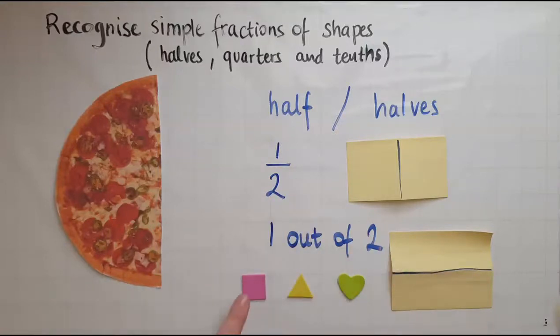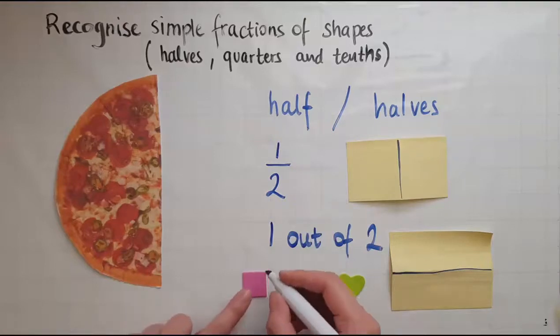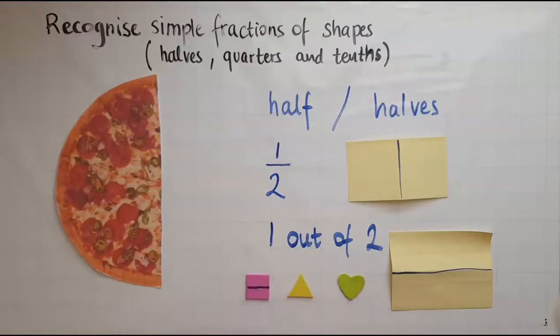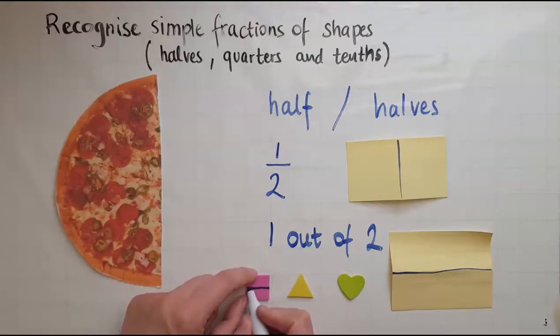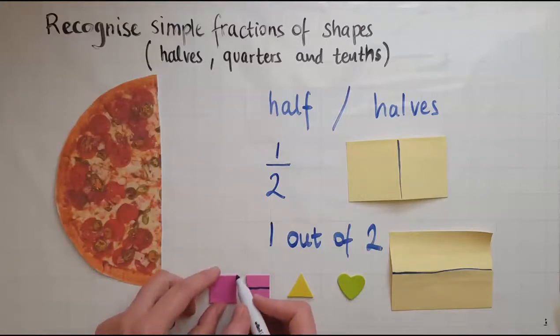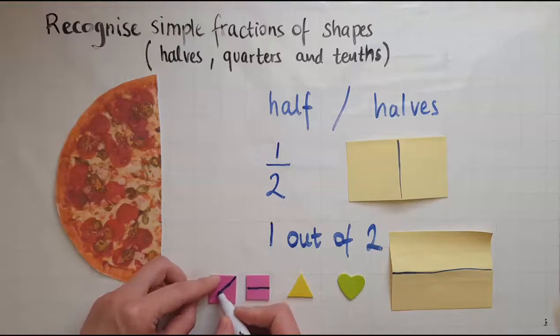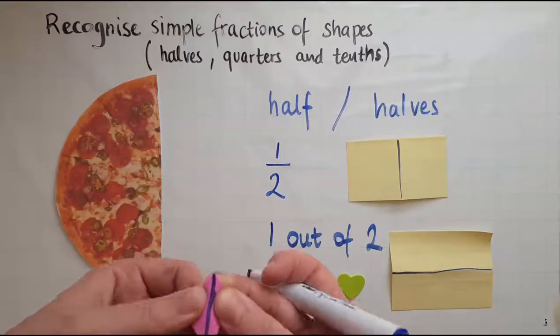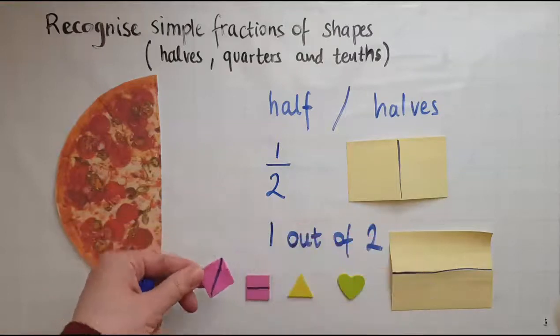How can I cut a square into halves? That's one way. Or this is another way. Or I could cut it in half like this, because if I fold this, it's going to give me 2 equal shapes.